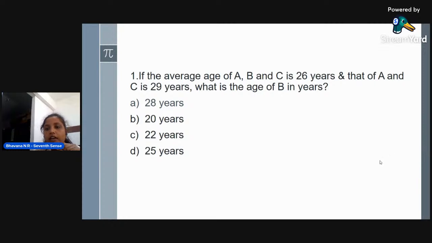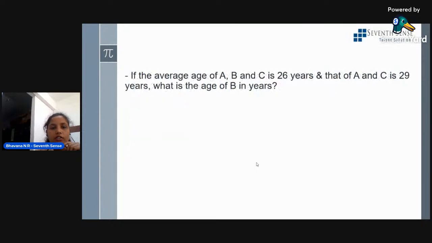And that of A and C is 29 years. So we don't know the exact ages of A and C, but A plus C divided by 2 is 29. What is the age of B in years? They have asked. So how do we solve this?